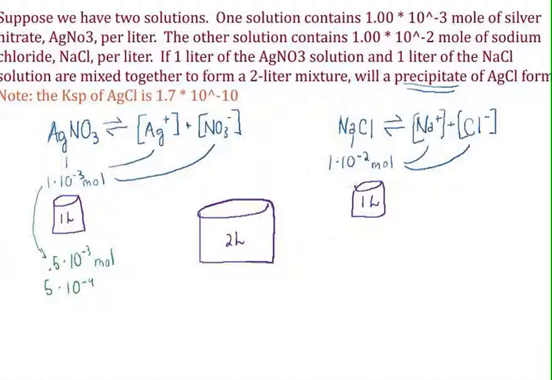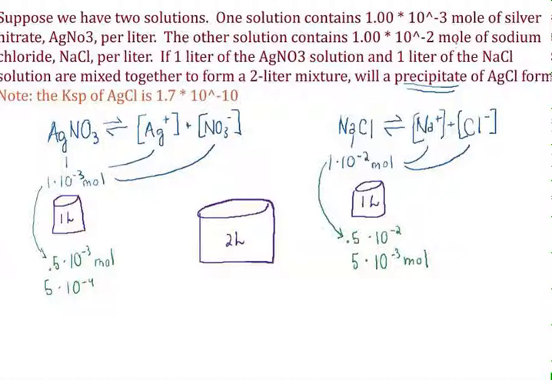And then you're going to do the same thing over here because this concentration is also getting halved. So it's going from 1 to 0.5 times 10 to the negative 2, or 5 times 10 to the negative 3 moles. Okay, so hopefully I haven't lost you yet. Hopefully this isn't too confusing, right?